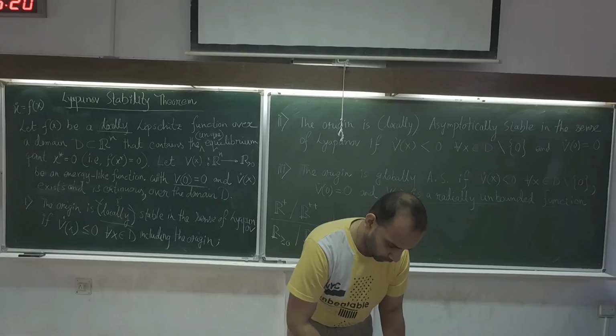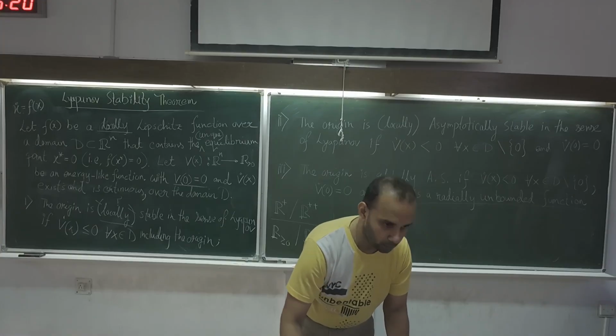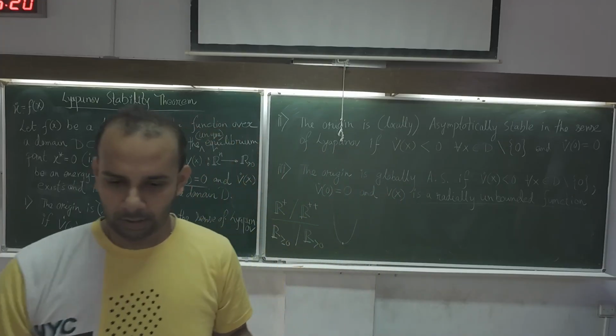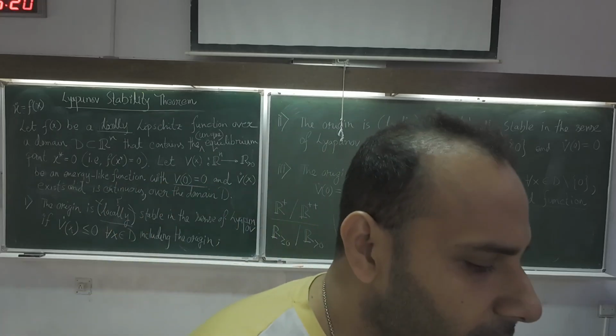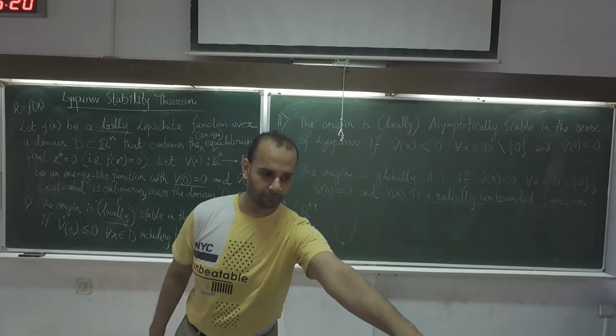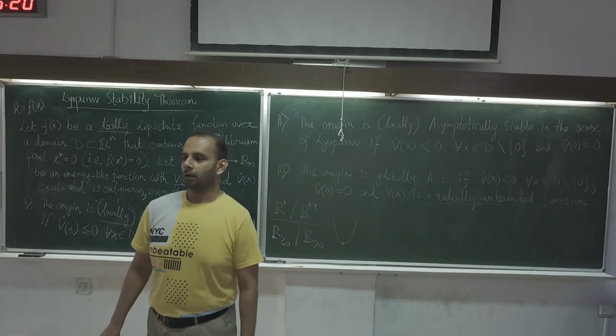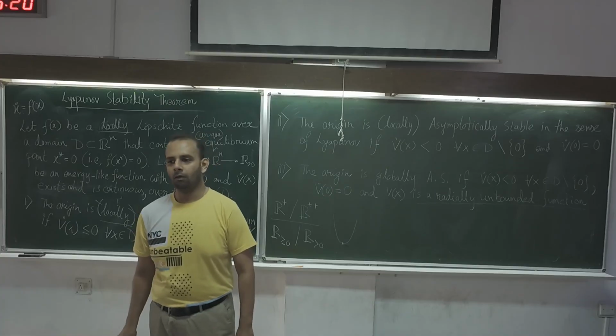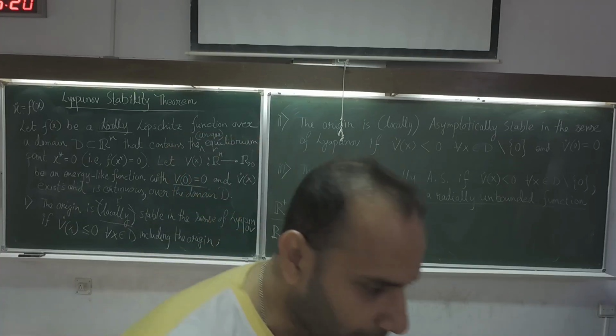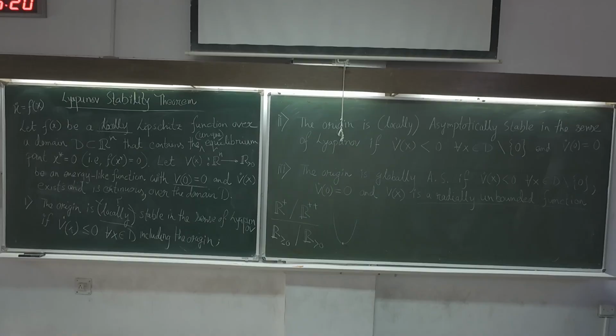I would like all of you to see this one. I will explain, but first you check that one. So problem. This example, this one, V of x, that is in the book.